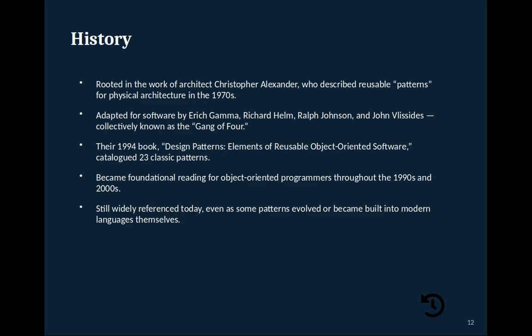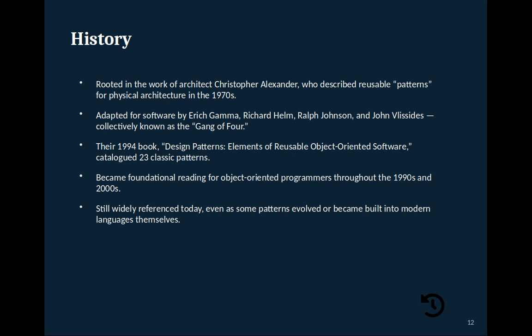History. Rooted in the work of architect Christopher Alexander, who described reusable patterns for physical architecture in the 1970s, adapted for software by Erich Gamma, Richard Helm, Ralph Johnson, and John Vlissides, collectively known as the Gang of Four.